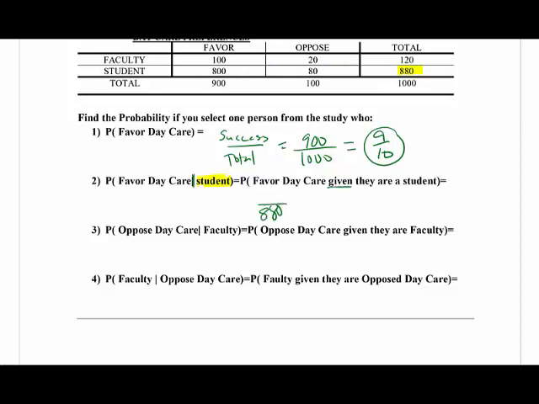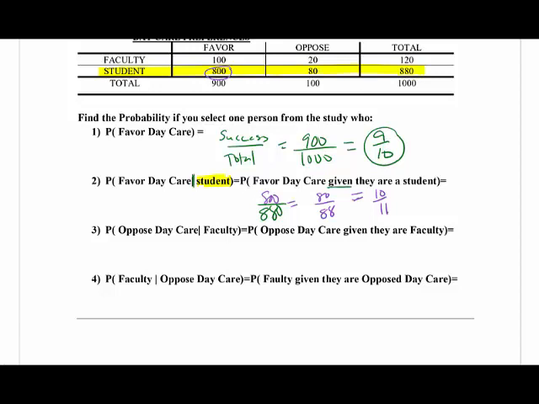Out of that row only, because that's the row we're looking at, how many of those also favor? So out of those, how many of them favor it, which is the 800. So that simplifies. Again, I just canceled the tens first since I'm not using a calculator, and both of those are divisible by 8, which gives me 10 over 11.